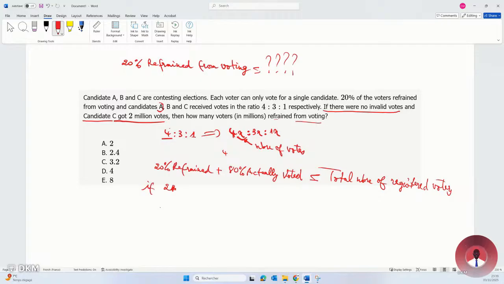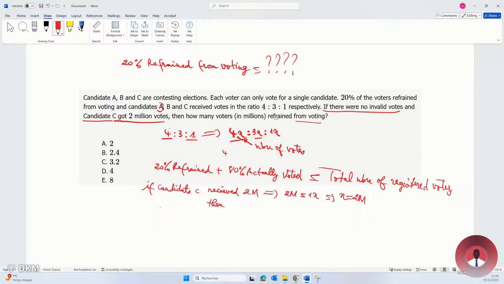If candidate C received 2 million votes, that means this 2 million is equal to 1x. Then x is 2 million. That means we can find the number of votes that candidates B and A received.